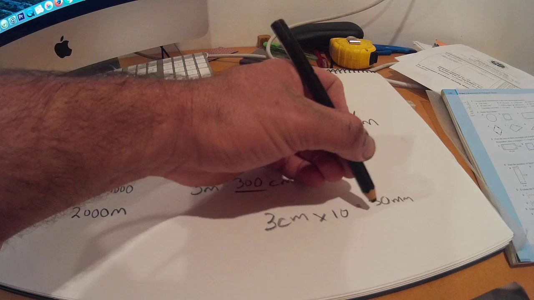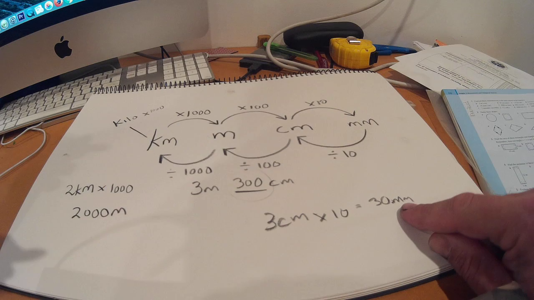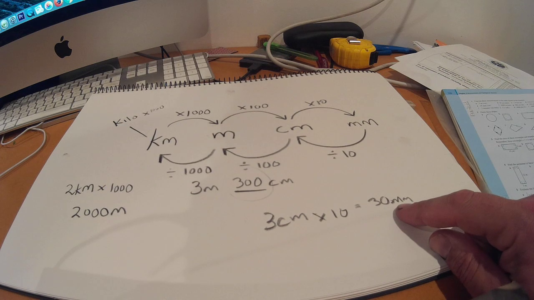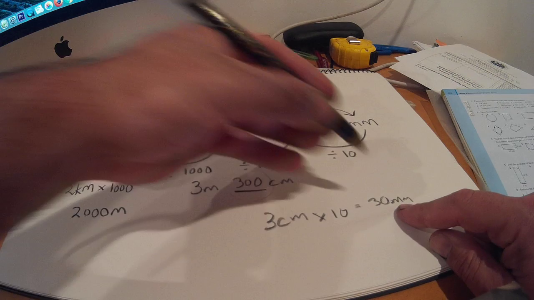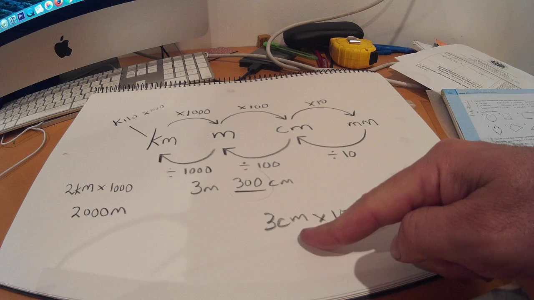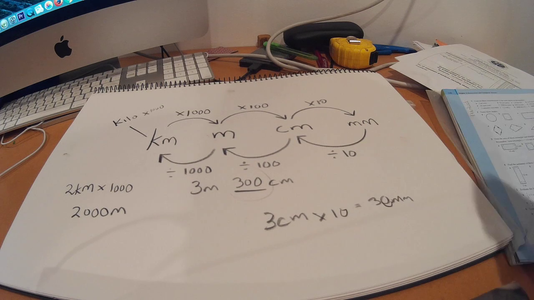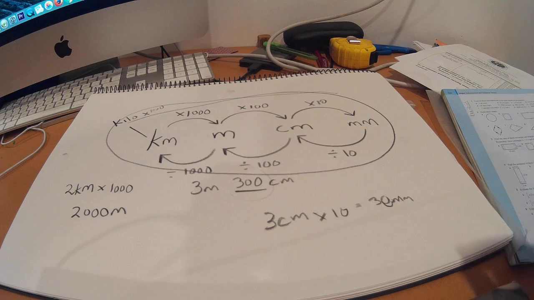You divide by 10, and you remember that you move the decimal place, if you're trying to divide by multiples of 10, by the number of zeros we have here. So when we move our decimal point to here, it becomes what we had originally, our 3 centimeters. So that's how you do your conversion of measurements. You need to remember this diagram. If you remember this diagram, you'll never have problems converting units.